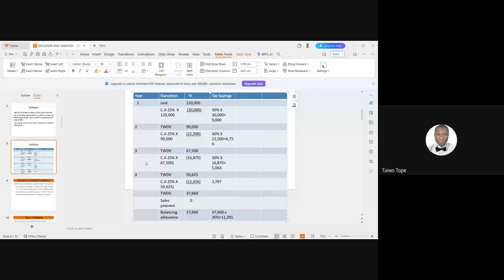So that is approximation, sir. That's what leads us to 50,625 tax written down value, right? No, 67,500 less 16,875 will give you 50,625. Okay, go ahead, sir. Thank you, sir.